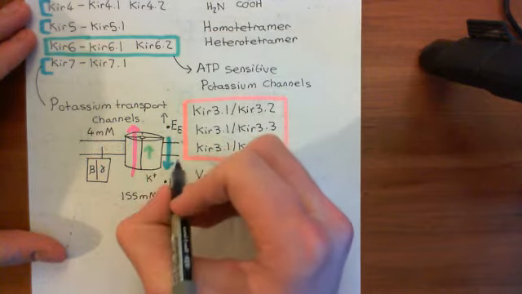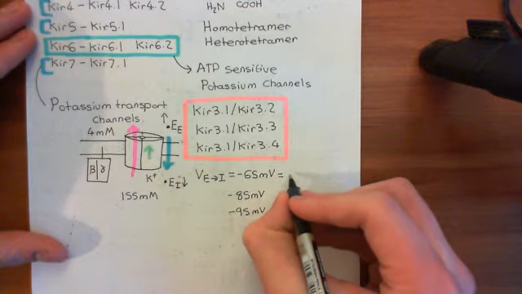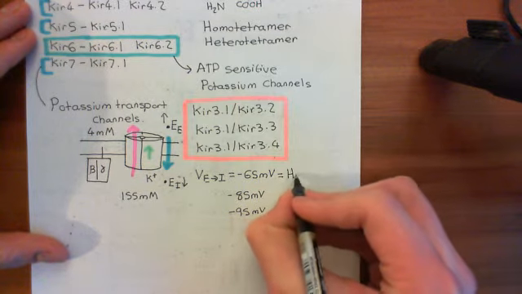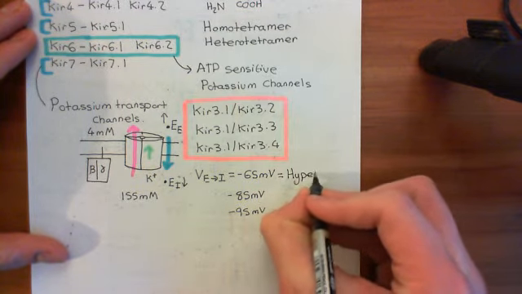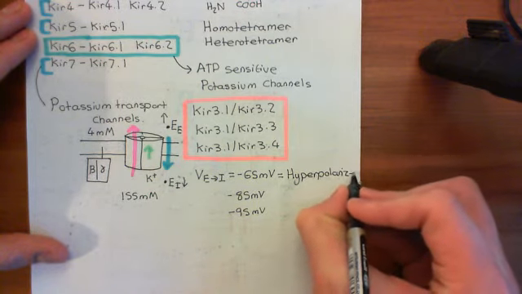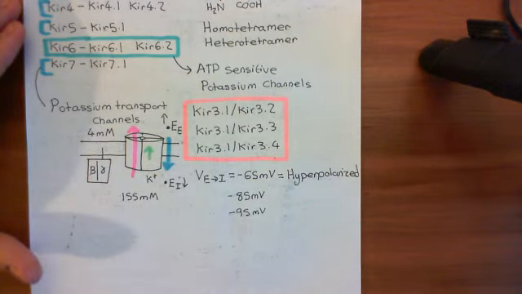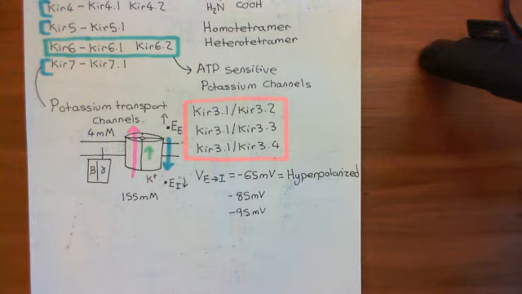So this number is going to become more negative, i.e. it's going to become hyperpolarized. So this then is how the beta-gamma subunit of the heterotrimeric G protein is capable of hyperpolarizing the membrane of the axon terminal of the neuron, and that is going to stop action potentials from being able to propagate into the axon terminal as easily.